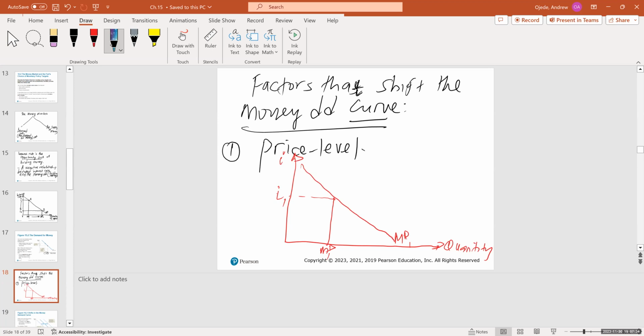So when the price level goes up in the economy, that means things are becoming more and more expensive. We are going to demand more money to buy goods and services. We need more money. That is a no-brainer. I'll give you an example. Let's say you must go to work every day. It costs your family 50 gallons of gasoline per week to drive to work.